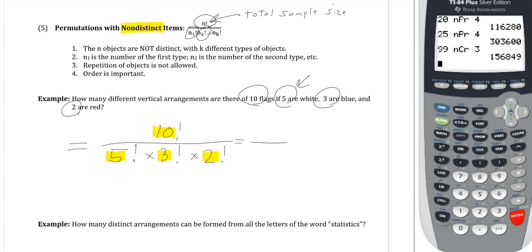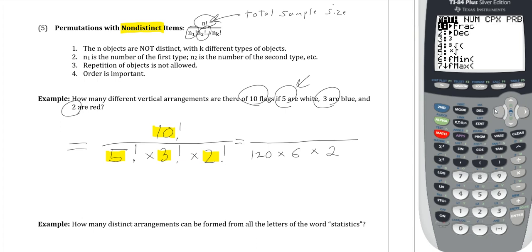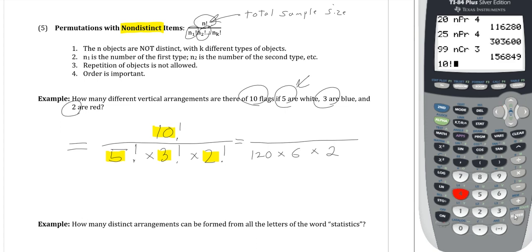All right. On the bottom, we've actually done these before. 5 factorial we had done before. That was 120. 3 factorial is 6, that's just 3 times 2 times 1. And 2 factorial is 2, it's 2 times 1. 10 factorial I don't necessarily know off the top of my head, so we can do that in our calculator. 10, math, probability, and we run the factorial. That will give us 3,628,800.